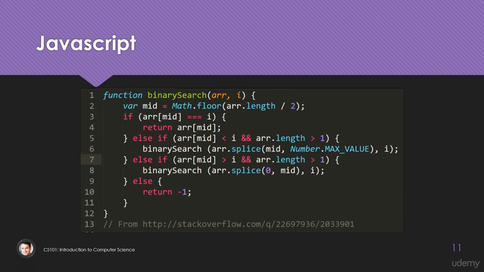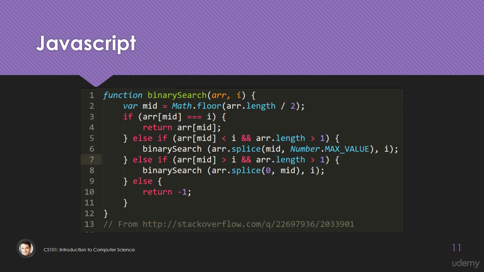Line number 1, we're defining a function called binary search, passing in an array and one integer. Notice that this has 2 input parameters rather than 4. In line number 2, same thing, calculate the midpoint. Line numbers 3 and 4, if the number you're looking for is the midpoint, return that. Otherwise, in lines 5 to 8, notice that something slightly different is going on here.